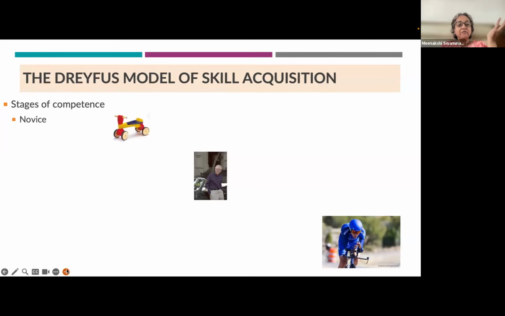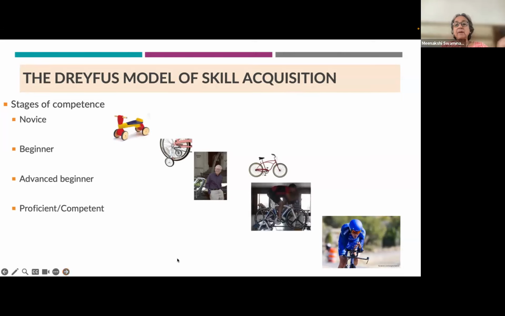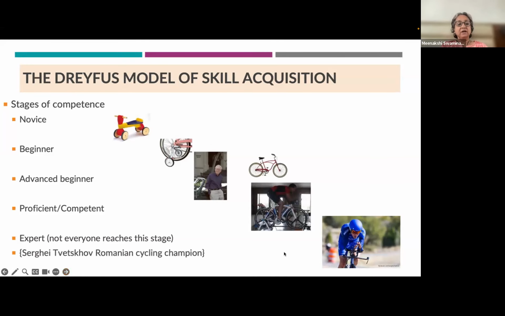So you have a novice, for example, maybe a little toy cycle for a child, and then a beginner, equivalent to a cycle with training wheels, and then an advanced beginner, and then you have a proficient or competent, maybe somebody who actually races for fun, and then you have an expert, where not everyone reaches the stage or is required to reach the stage, but we expect our residents to at least go from novice to competent. The famous Romanian cycling champion would be an example for an expert.